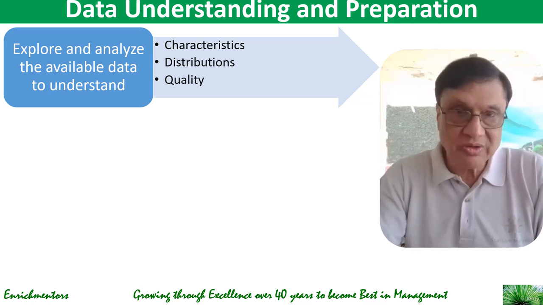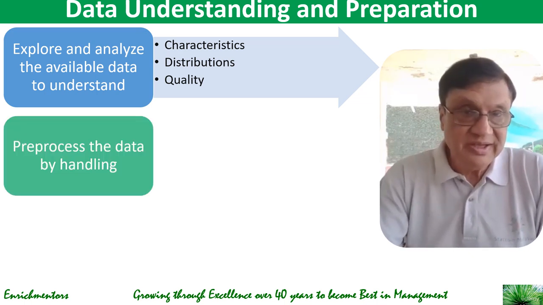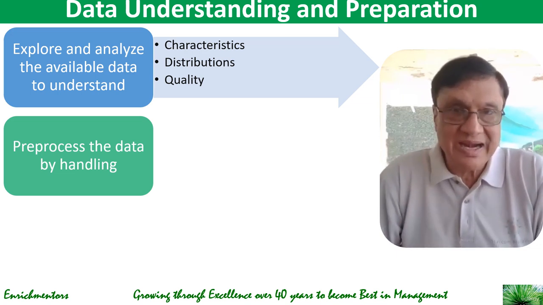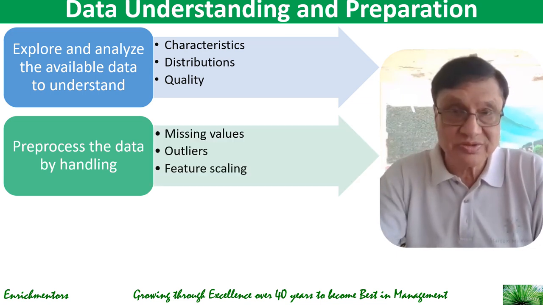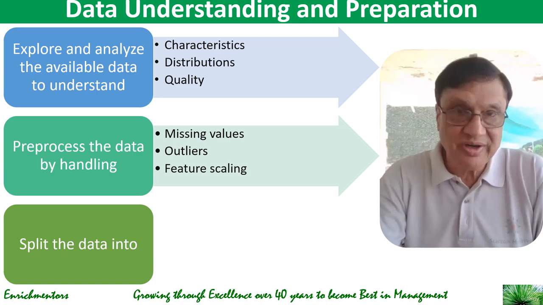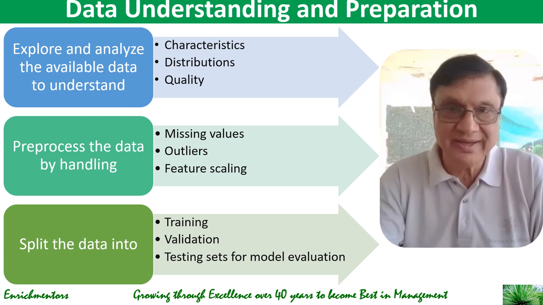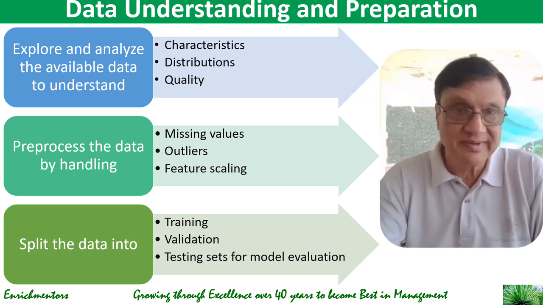And we have talked about how to do that in the previous section in quite a lot of detail. Then we pre-process the data by handling things like missing values, outliers, and feature scaling. And we again talked about these things. And then we split data into training, validation, and testing sets for model evaluation. So that's what you do in data understanding and preparation, right?